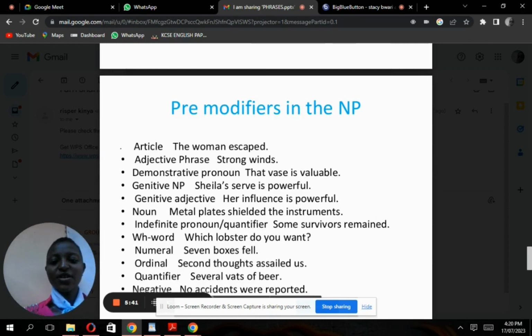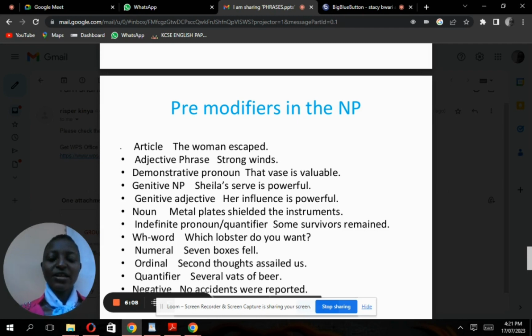So the pre-modifiers in the noun phrase: you have the articles, the, an, and a. For example, in the sentence, the woman escaped, we have the as the pre-modifier, the article in the noun phrase. You have the adjective phrase, for example, strong wits. Strong is used as the adjective. We have a demonstrative pronoun, such as that, those, this.